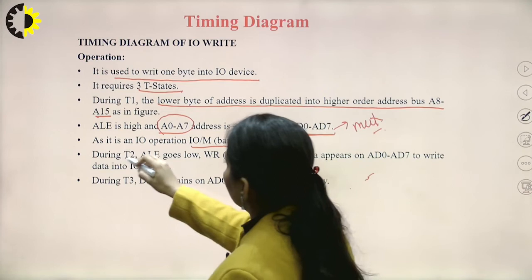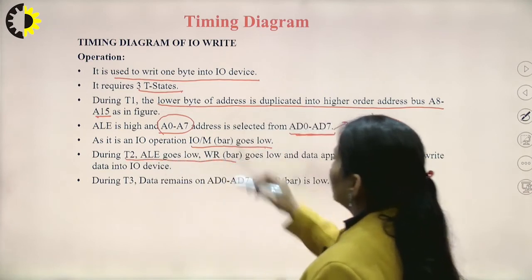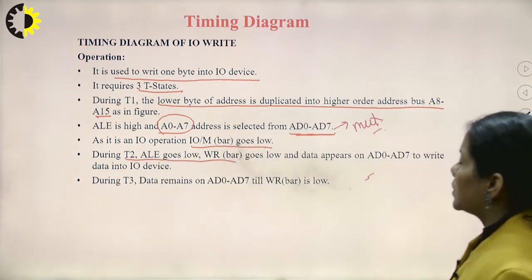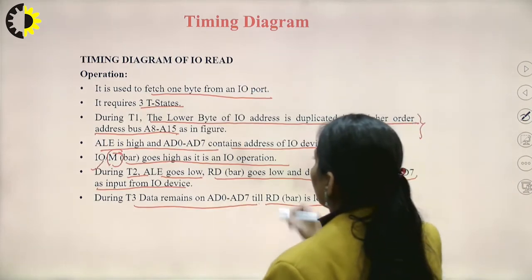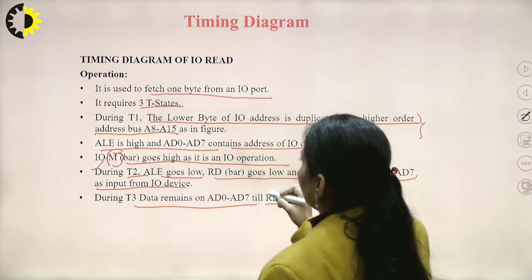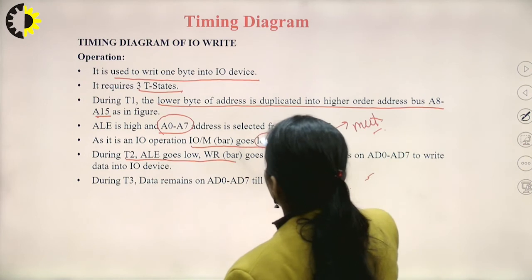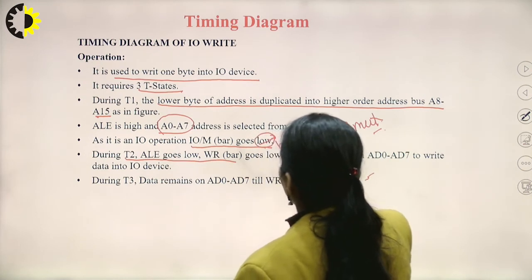During T2, ALE goes low. Write bar, this should be high. Yes.